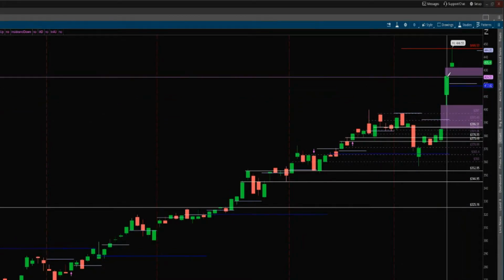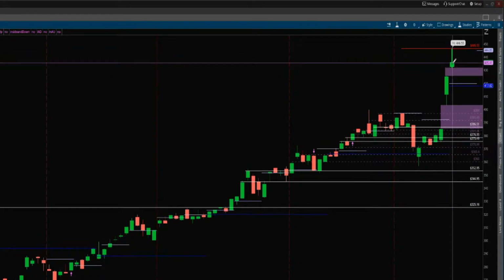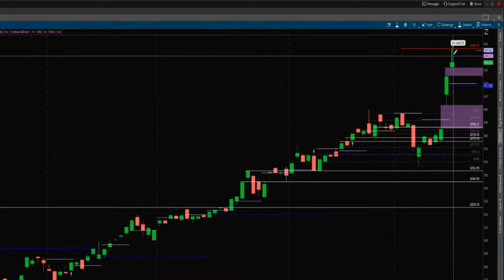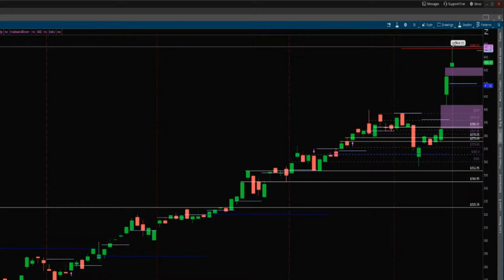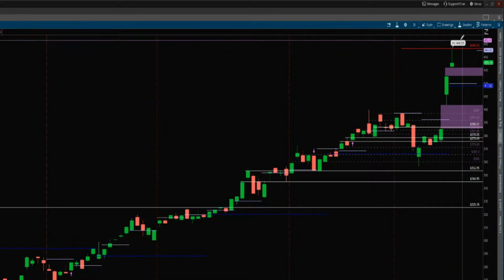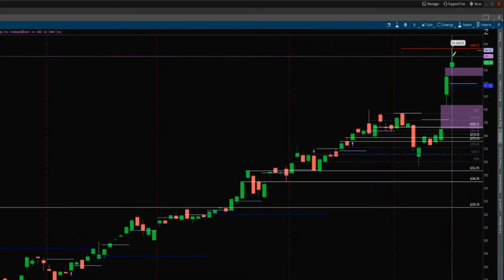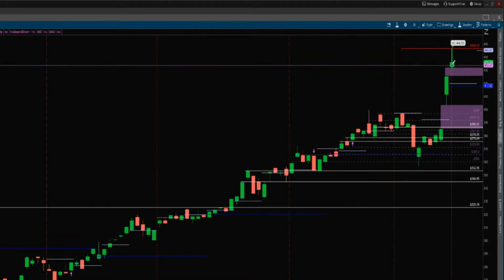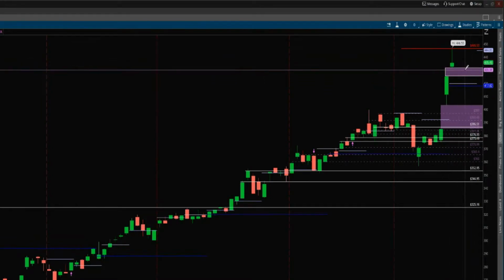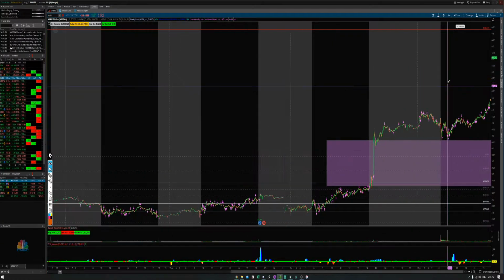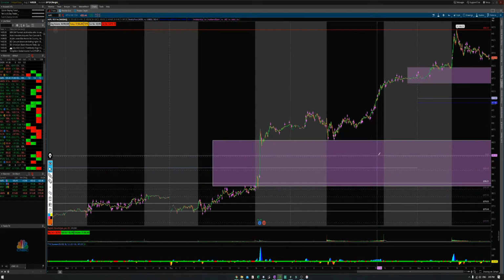Then we held that gap, and we gapped up once again over the weekend, and now today is Monday. So we gapped up, made a new all-time high up here at 446, and we have pulled back a little bit, making, so far, a hammer candle, and we do have this gap below here, right? So let me show you what I really wanted to show you in this video.